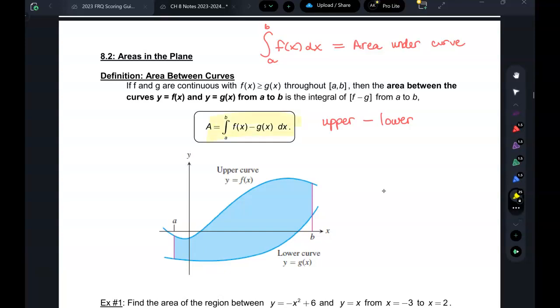Why would we subtract it? Okay, well, let's think about that for a minute. What if I took a function, let's say f of x equals x squared minus 4. Just a quick sketch. And I said, okay, so this is negative 2 to 2.